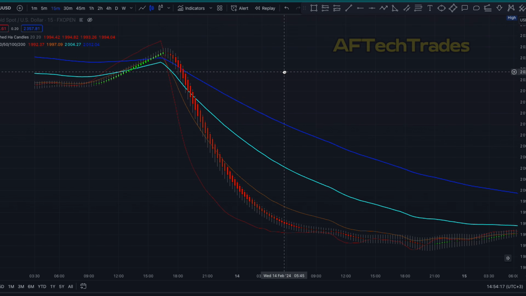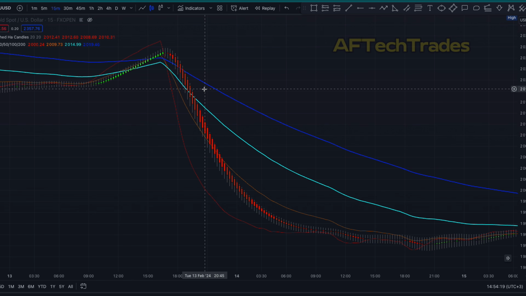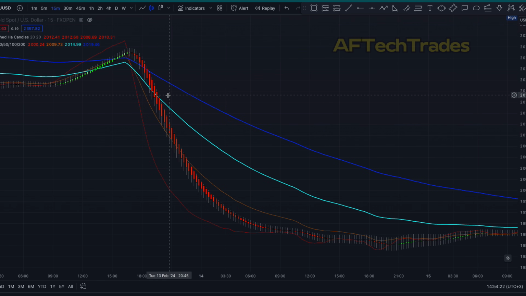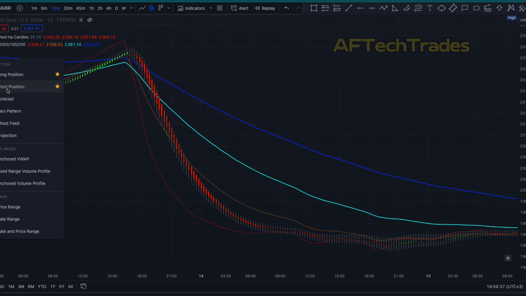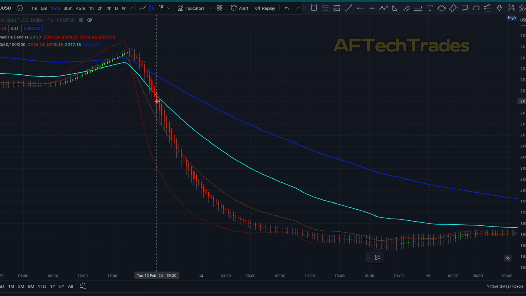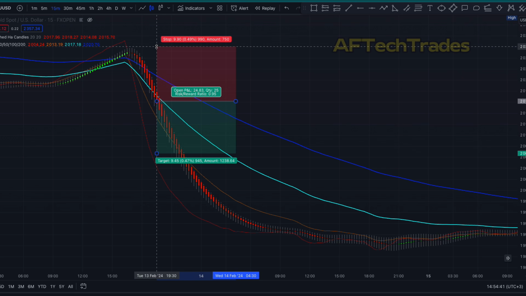Okay, now you can see that there is a sell opportunity right here showing clearly, right? The 200 EMA and the 100 EMA are above the smoothed Heikin Ashi indicator. It is above it, so we can enter for a sell, and we can see that the Heikin Ashi indicator is forming red candles.